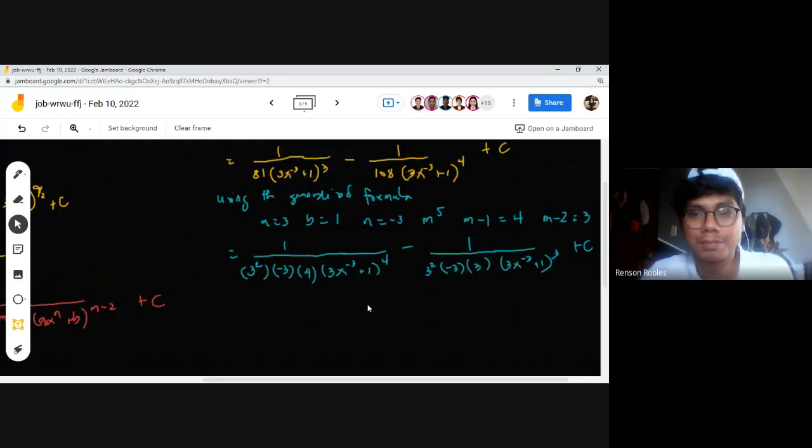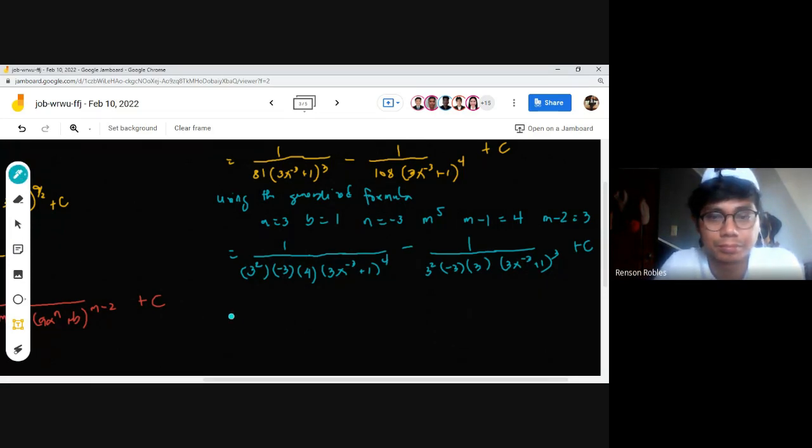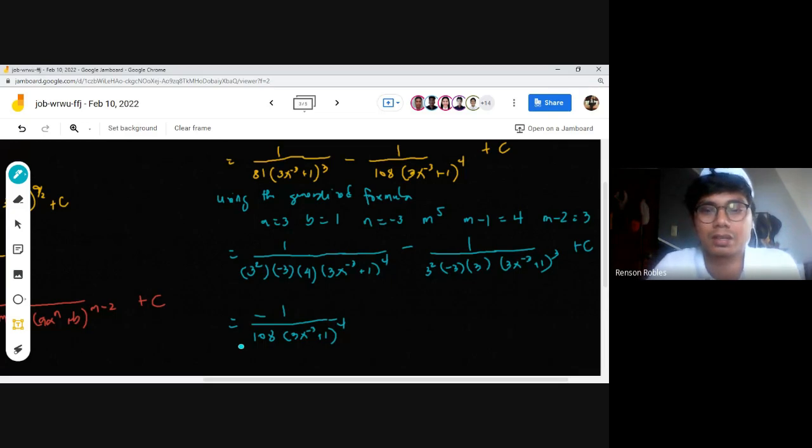Okay? And then we simplify. You have this is 1, negative, I think. So, let me do the denominator first. 3x raised to negative 3 plus 1 to the fourth power. This is 3 squared, negative 3. So that's negative 27 times 4. That's negative 108. So that's negative 1 over 108.